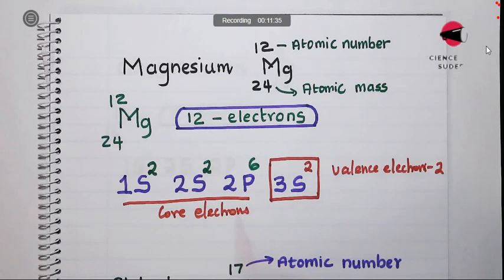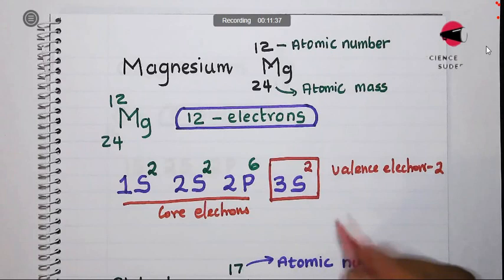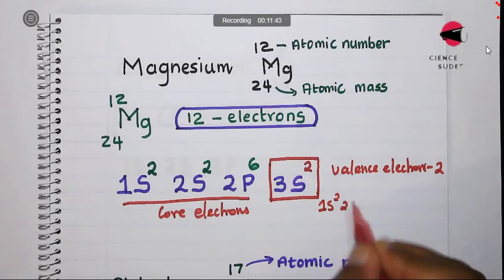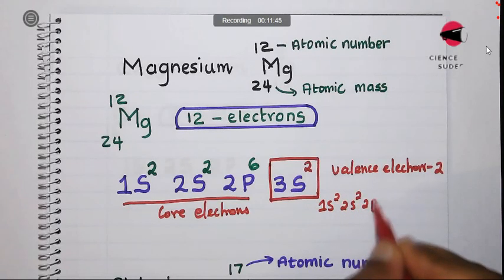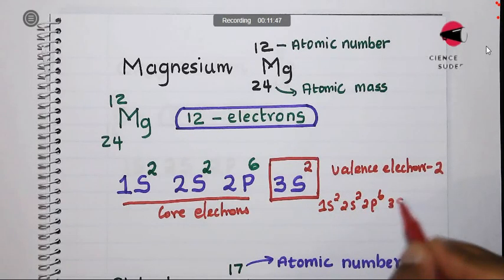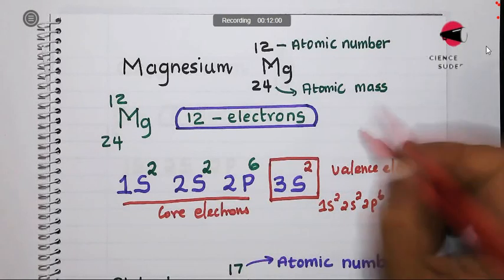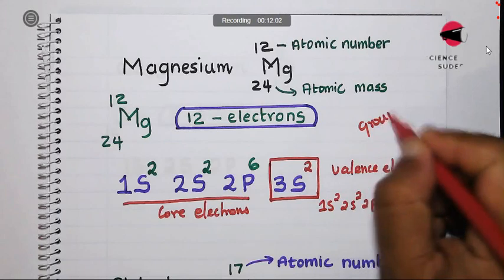The correct electron configuration for magnesium is 1s2, 2s2, 2p6, and 3s2. You can see that 3s is the valence shell and it has 2 electrons. That is the number of valence electrons, and that's the reason magnesium falls in group number 2.